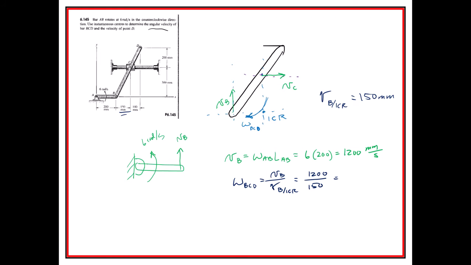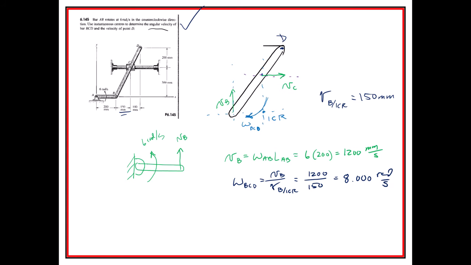And our Hewlett-Packard 35S says that's going to be 8. And so that's actually, I think, the answer that they were looking for. But I would probably ask for something a little bit more involved, where I would ask for maybe the velocity of D, right?